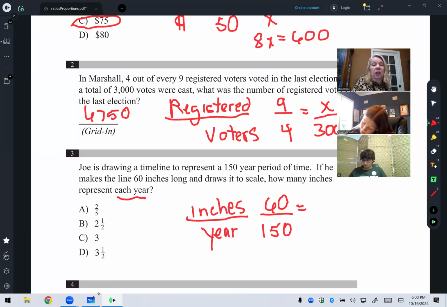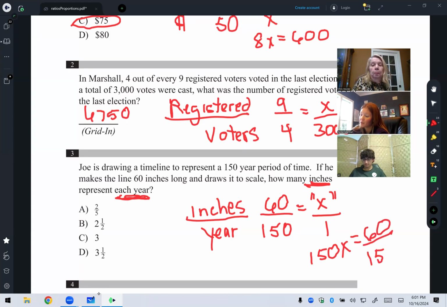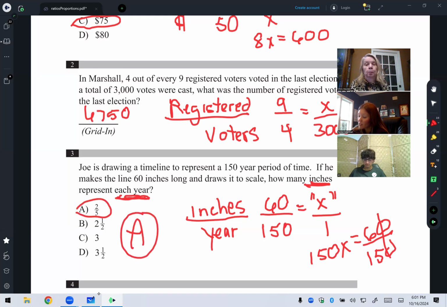Okay, we want 1 year is X. Does that make sense? Because we want to know how many inches. So just cross multiply that. Use your calculator. And you should get 0.4. Good with that one? Oh, good.